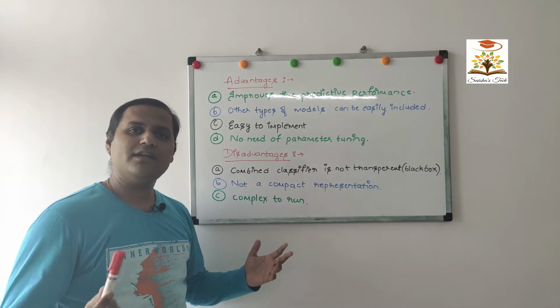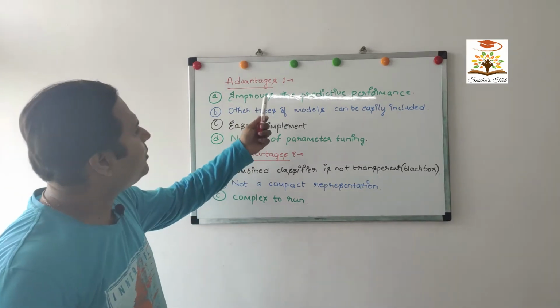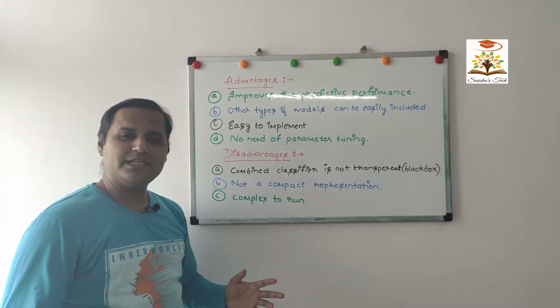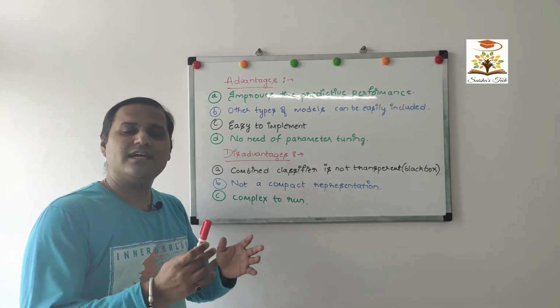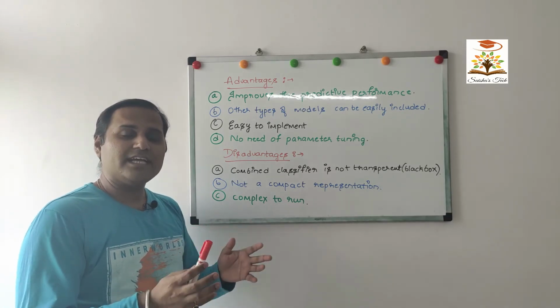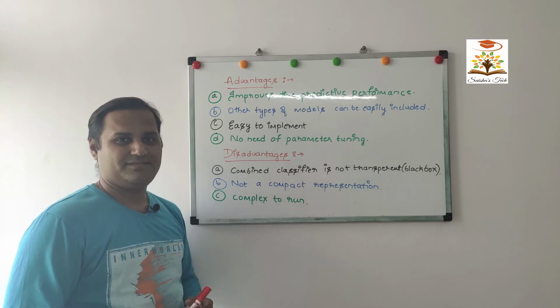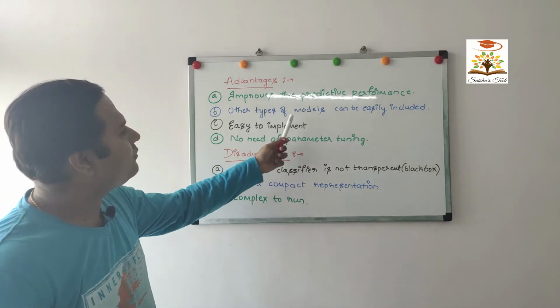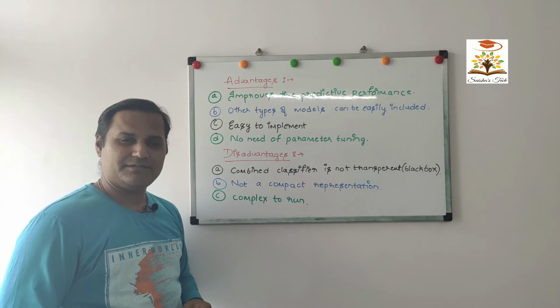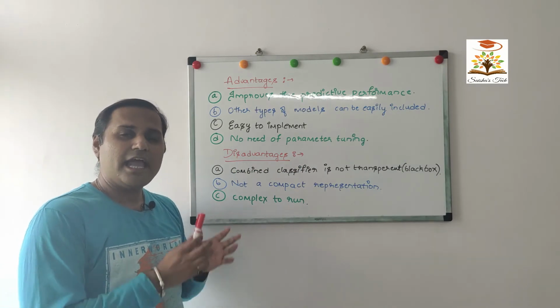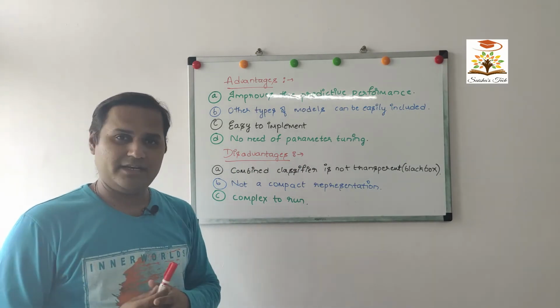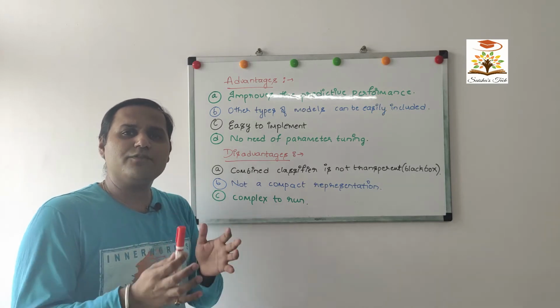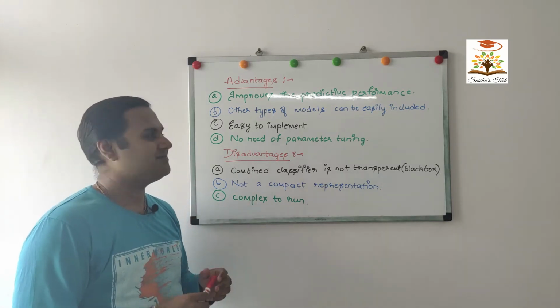Advantages of ensemble learner. It improves the predictive performance, which means it increases the accuracy as compared to that of a single model. Other types of models can be easily included. For example, M1, M2 until Mn can be of different types of models.